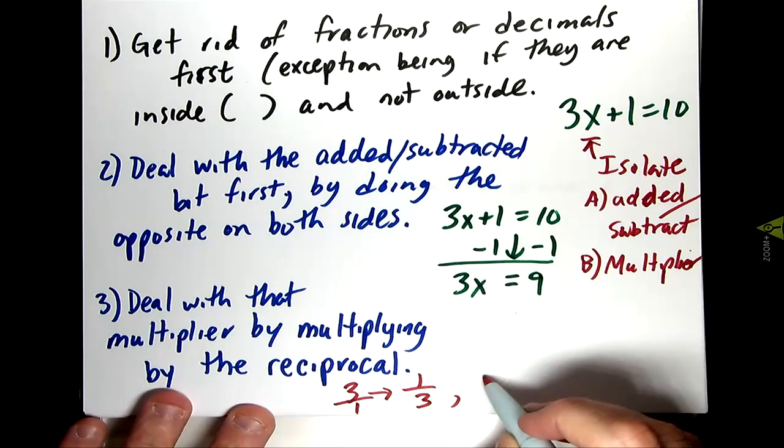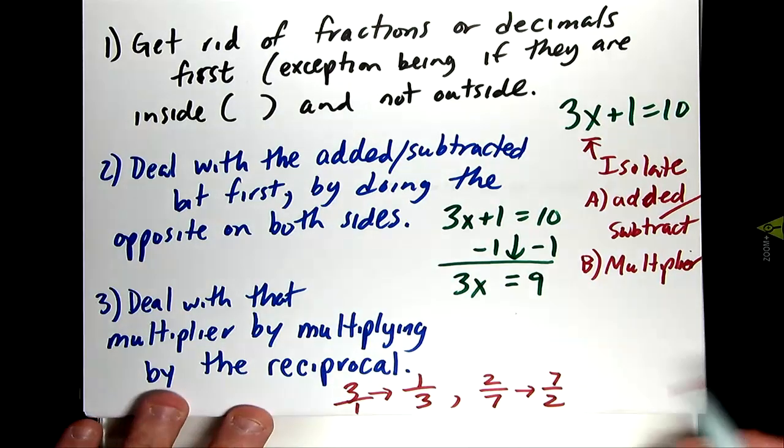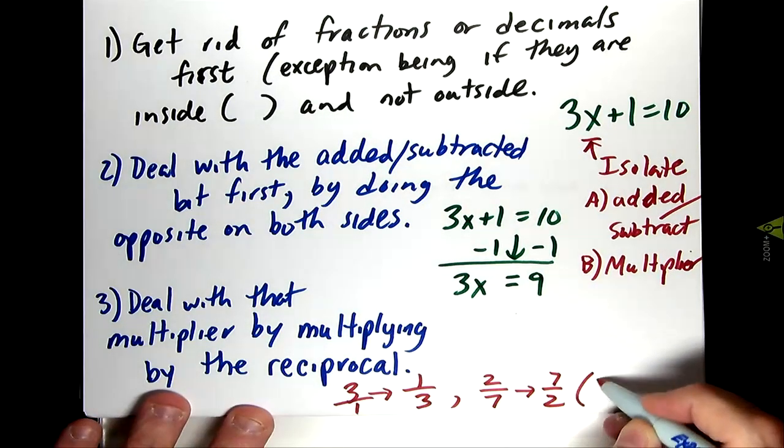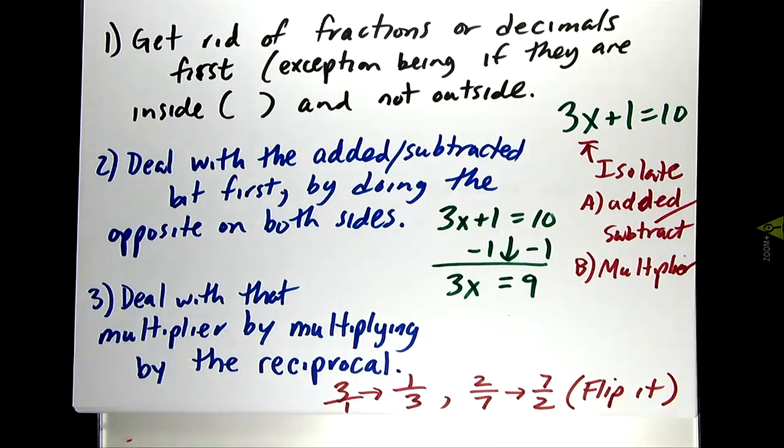The reciprocal of 2/7 is 7 over 2. So reciprocal basically just means flip it over. This works if it's being divided by something too, as you'll see eventually.